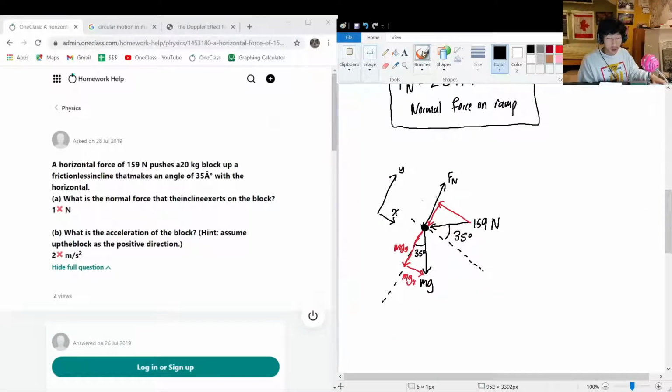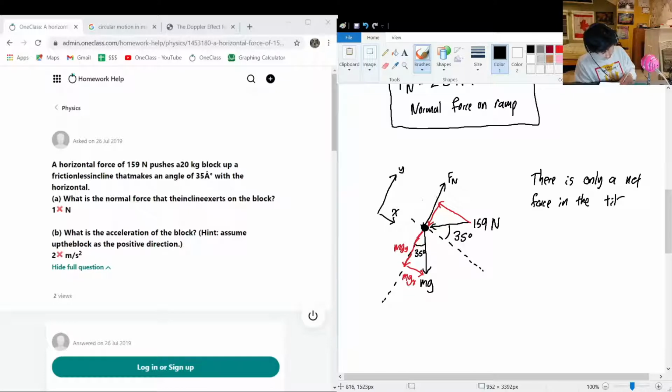Okay, cool. So now we want to find, there is only a net force in the tilted x-axis direction.